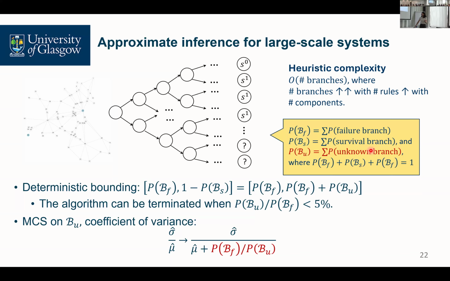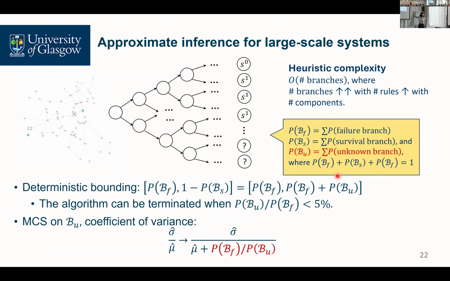And in that case, what we end up with is, first, these failure branches whose sum of probabilities leads to the system failure probability, and also a bunch of survival branches whose sum leads to the system survival probability.